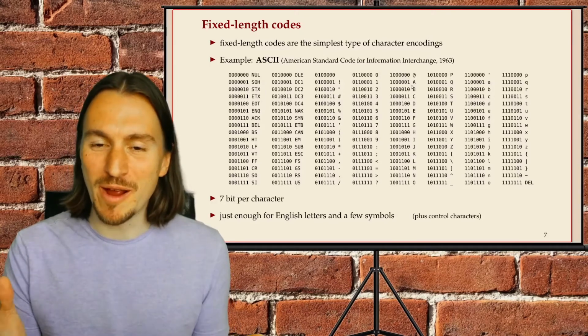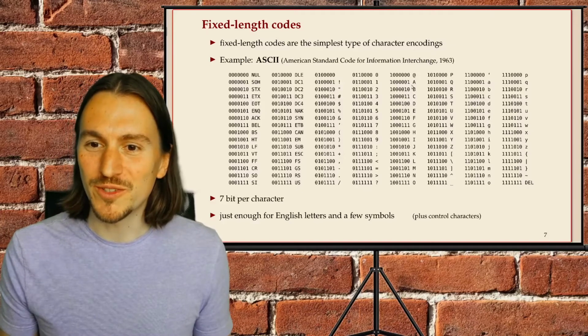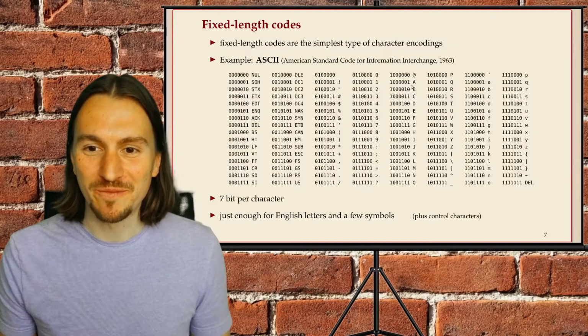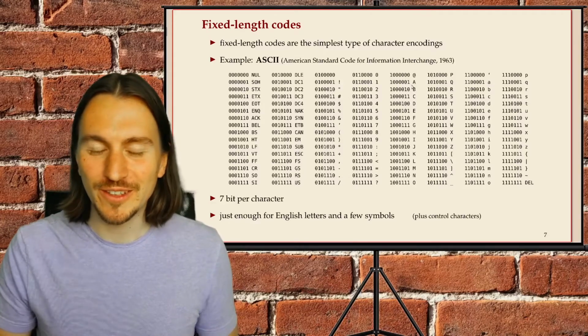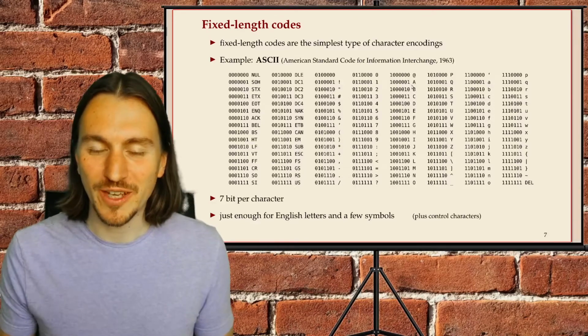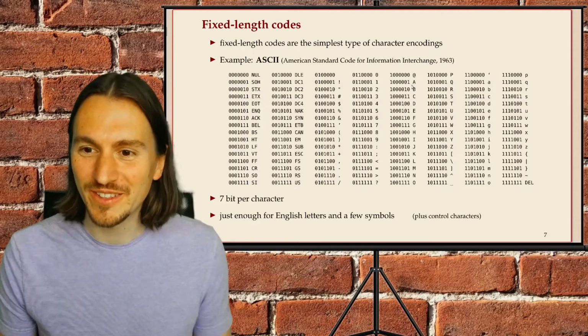That's a simple mapping back and forth between these symbols and binary strings. That's just enough for text in English and some other, well, European languages.